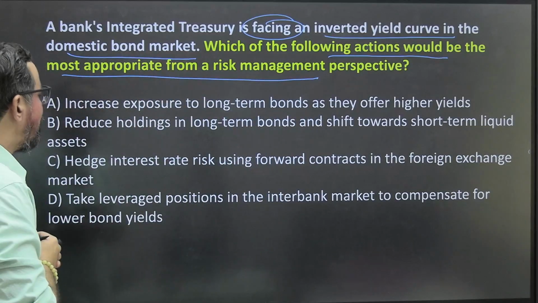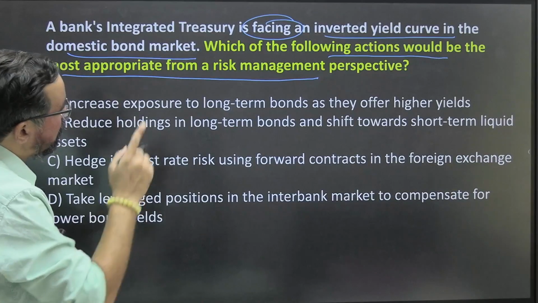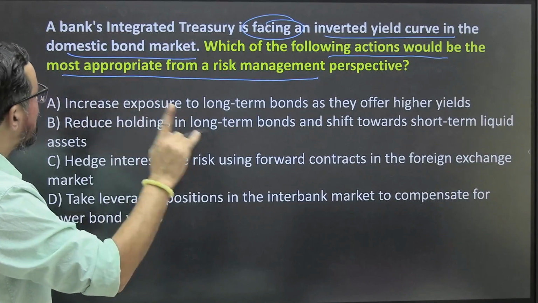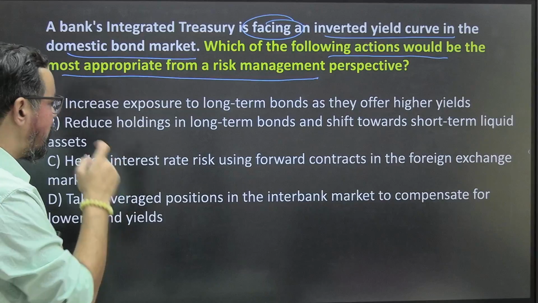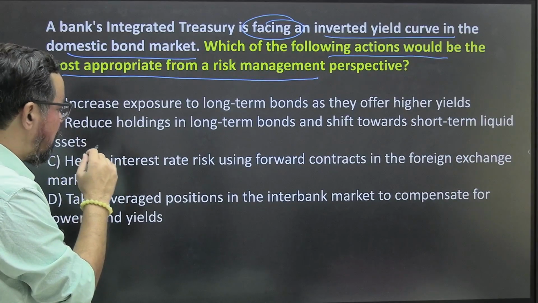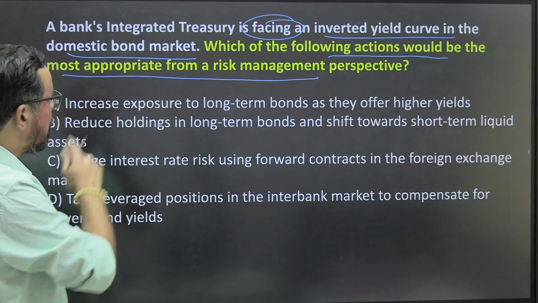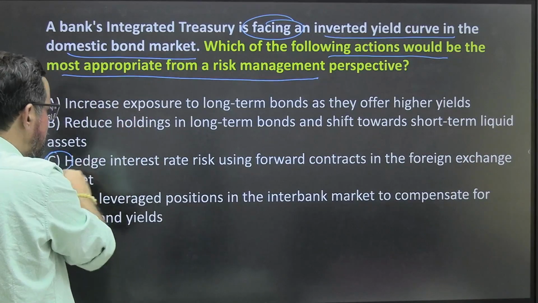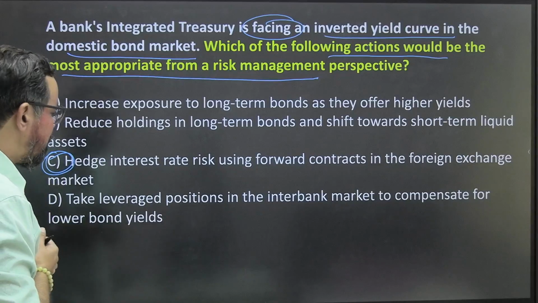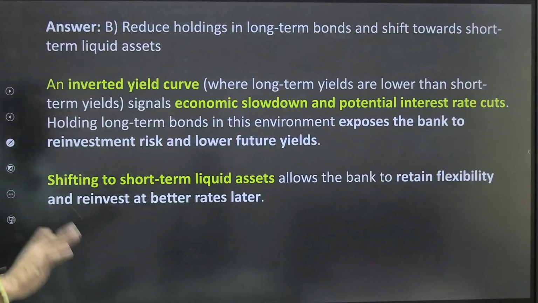Increase exposure in long-term bonds as they offer higher yield in an inverted yield curve. Reduce holding in long-term bonds, shift toward the short term. Hedge interest rate risk through a contract in foreign exchange. Take leveraged position in the interbank. No, I'll go with option C. Okay, B is the right answer.